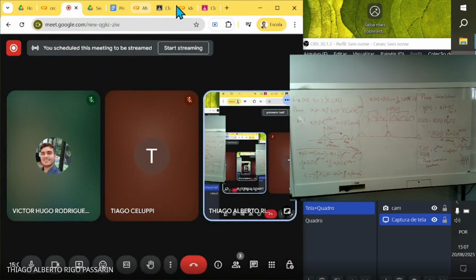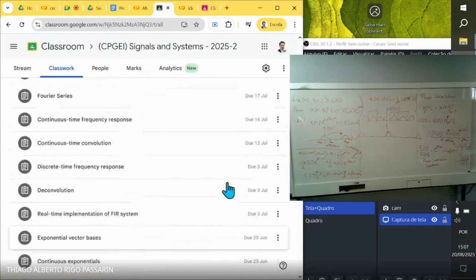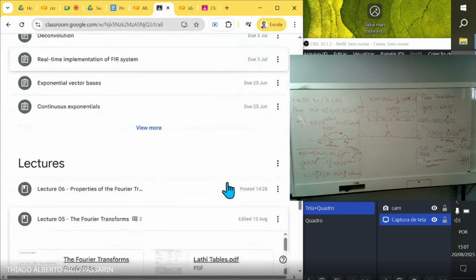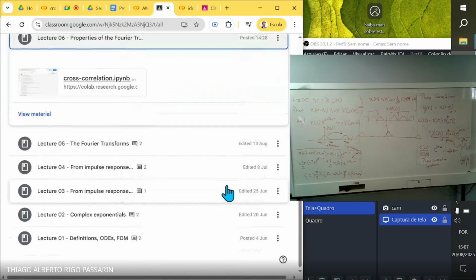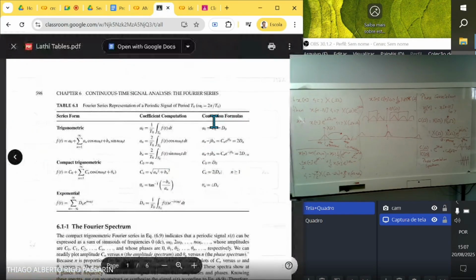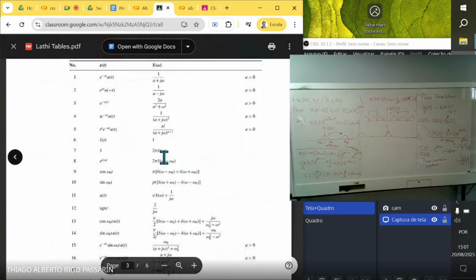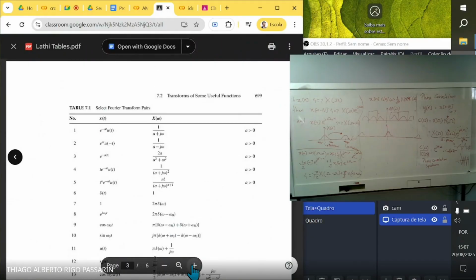Okay, this is what we had to discuss about the property of time domain multiplication, which provides us with amplitude modulation.